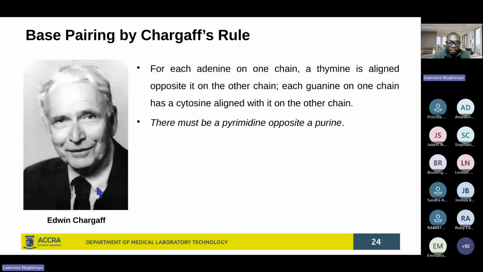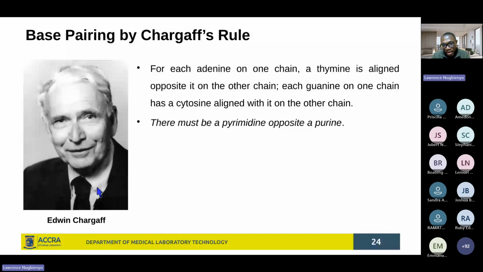So you don't have a purine binding to another purine. Like we studied with the nitrogenous bases, the purines were adenine and guanine. You don't have adenine pairing with guanine, which is another purine. And in the same way, you don't have cytosine pairing with thymine.